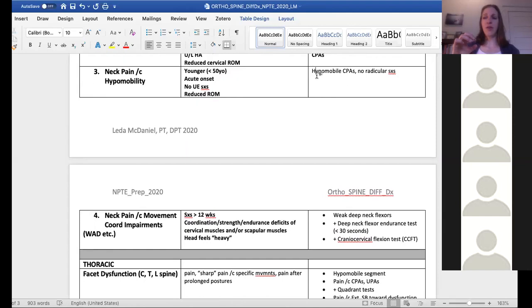And we know that there are a high proportion of individuals who, when imaged, either X-ray, MRI, will demonstrate some sort of pathological finding, but might not necessarily have pain or dysfunction. And so, not that we can't, and it could have made the list, I could have listed facet dysfunction, disc, things like that, stenosis for this cervical region.